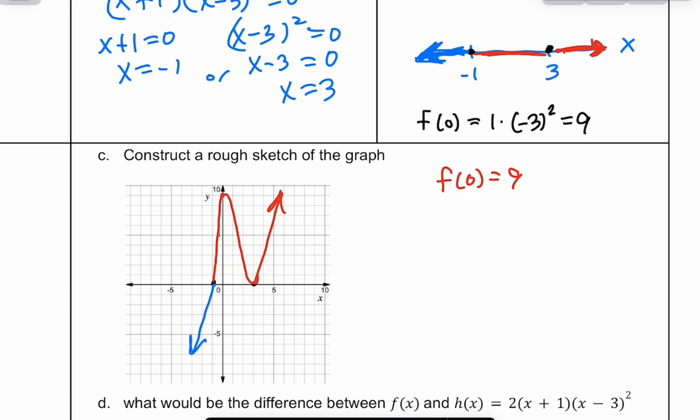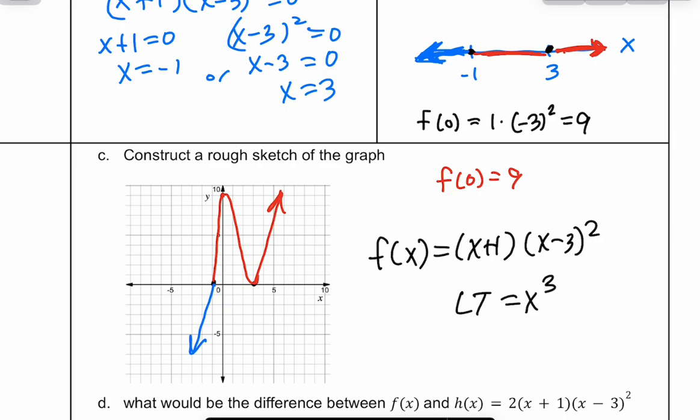Now, some things that happened. Let's look at our function one more time and analyze some stuff. Our lead term was x cubed, which implies that the left end goes down and the right end goes up. The highest power, our n, is 3.